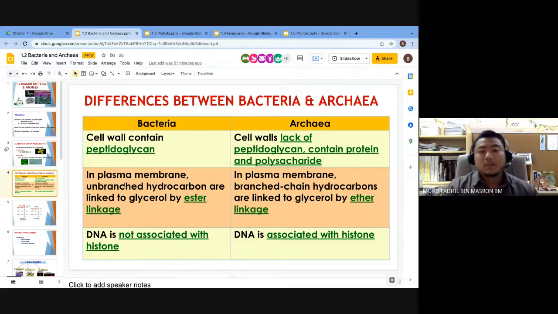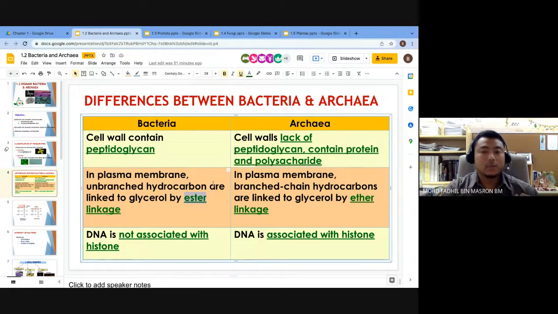In terms of the plasma membrane, the molecular structure of the bacterial plasma membrane is also different, because the hydrocarbon in the plasma membrane is linked to glycerol by ester linkage, whereas in archaea it is by ether linkage. What is the difference between these two types of linkage?